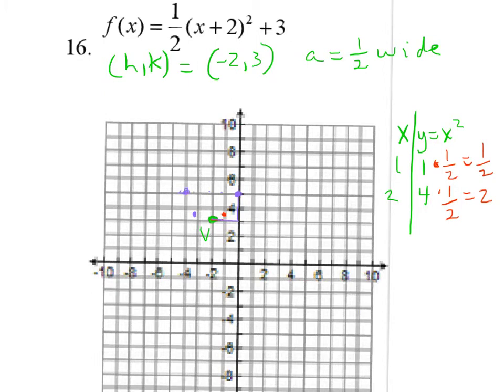And notice that my parabola is now looking like this. And so it's a wider parabola than what I'm used to drawing. So this is the graph of y equals 1/2 times (x plus 2) quantity squared plus 3.